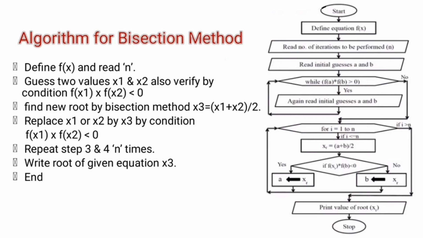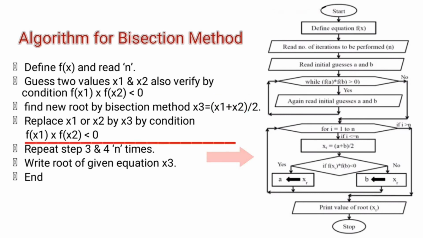Next step is to check whether y1 into y2 is greater than 0. If yes, then we have to guess new values of x1 and x2 again. Next step is to take the number of iterations.